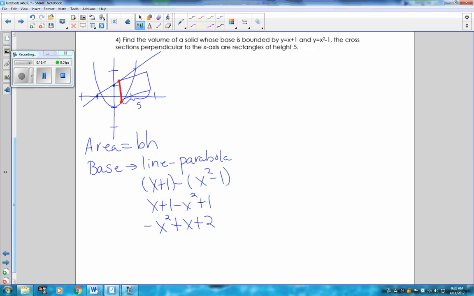All right, that's the base, and the height is 5. So your volume is 5 times negative x squared plus x plus 2 dx.